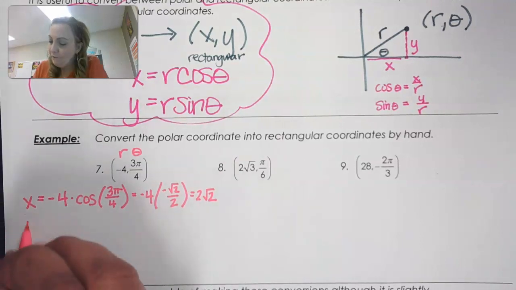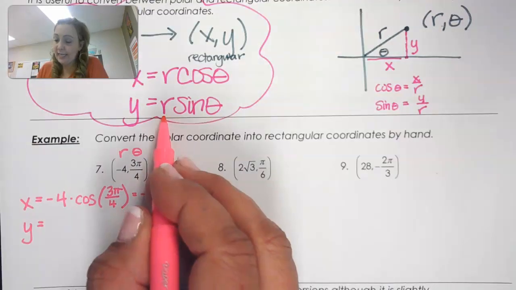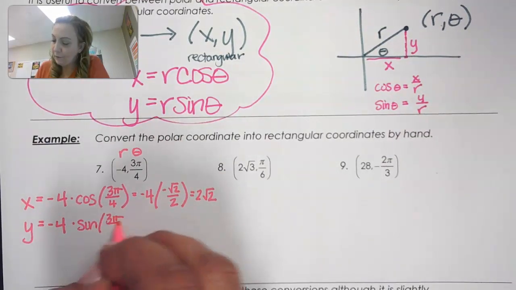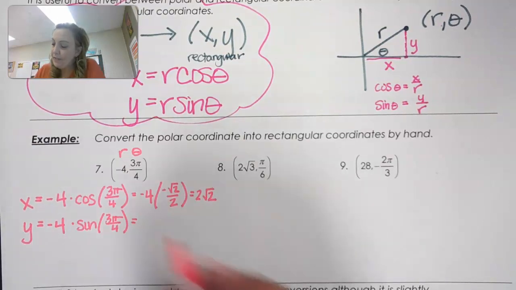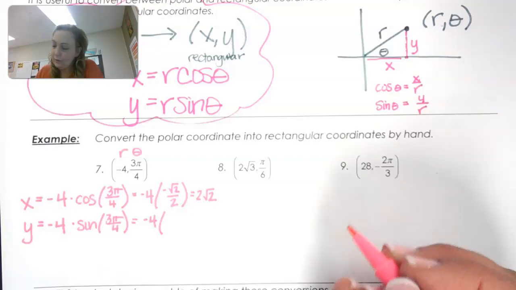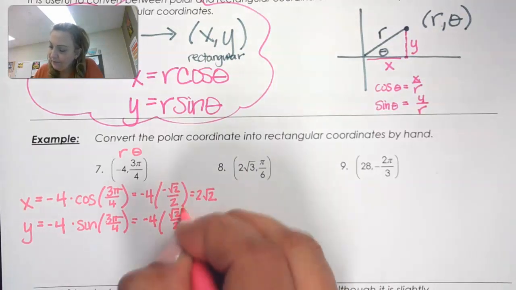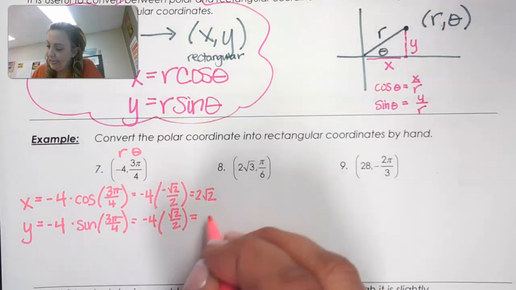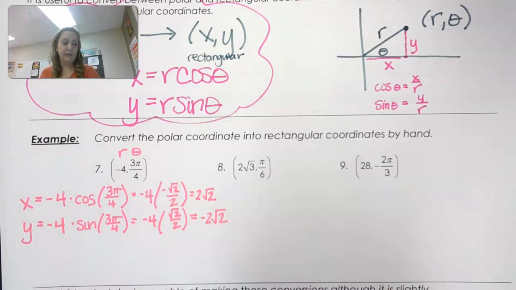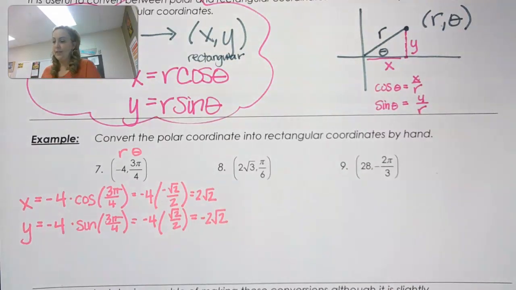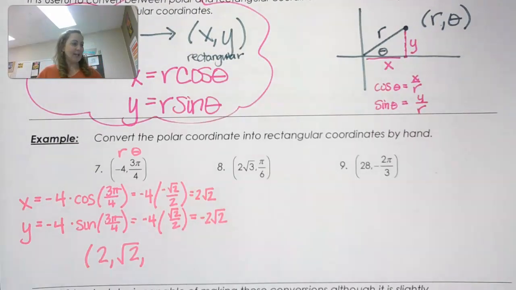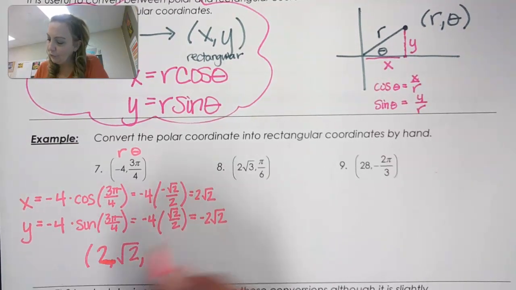For my y value, I'm going to take r times the sine of θ, so -4 times the sine of 3π/4. 3π/4 again is in quadrant 2, so sine is going to be positive, and so a negative times a positive will be -2√2.